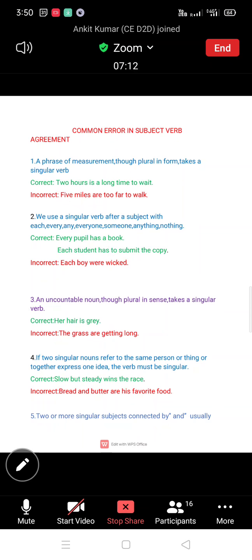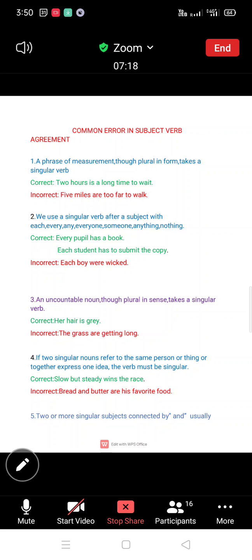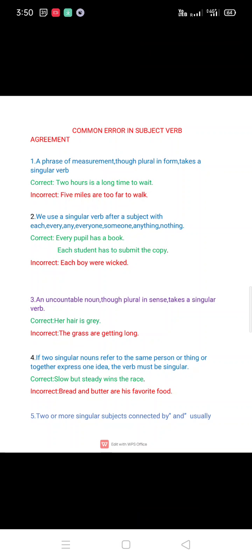So, here you can see two singular nouns, slow and steady, and together they express one idea. Here slow but steady wins the race. That means those who have steadiness always win the race. So here slow but steady together express one idea, that the person having steadiness always wins the race.